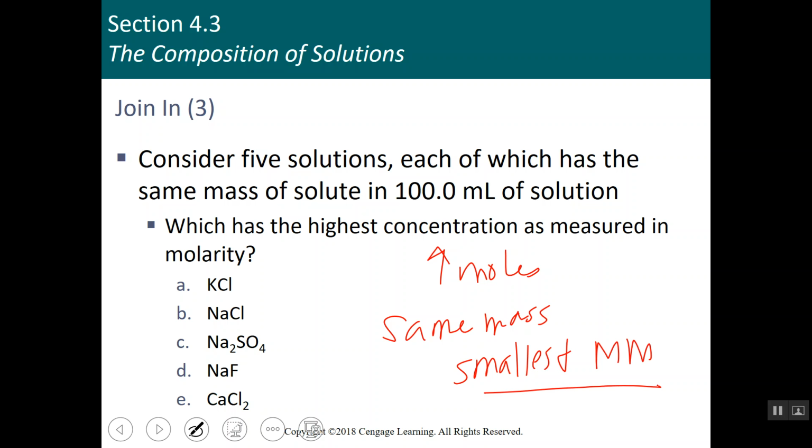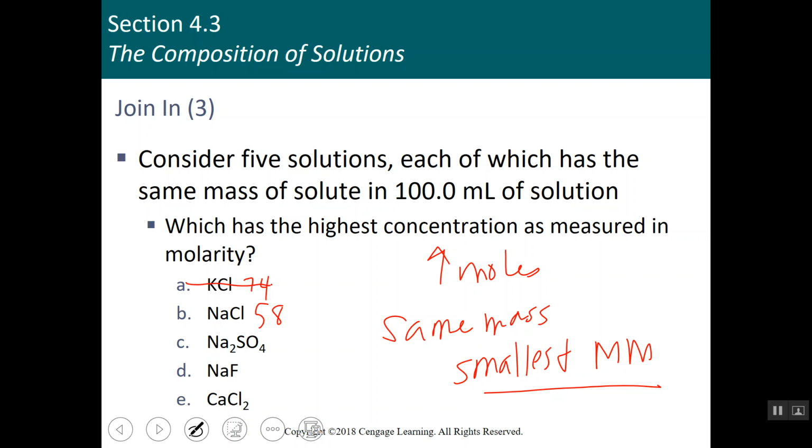because you're putting in the same number of grams, and you're going to divide it by the molar mass, and so whichever one has the smallest number to divide by. Let's look at some of these compounds. Potassium chloride, 39 and 35, 74 roughly. Sodium chloride, 23 and 35 is roughly 58.